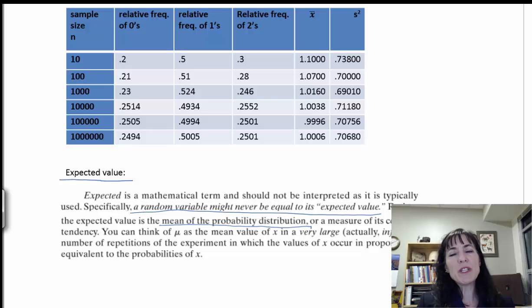So remember when we talked about flipping coins, you can end up with very, very close to the theoretical probability, which is what we're talking about here. The theoretical probability, or the expected value of a distribution. So in this case, the mean. Think of mu as being the mean value of x in a very large number of repetitions of this experiment.